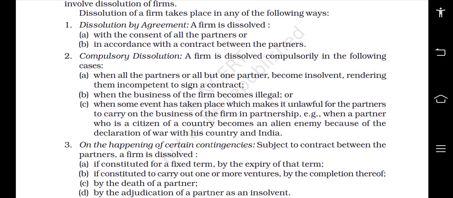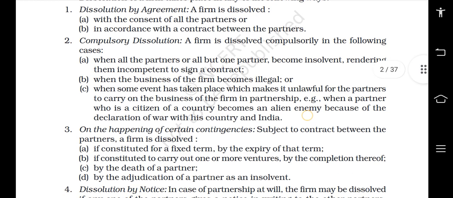Suppose A, B, C are three partners; if one partner or all but one partner becomes insolvent, unable to pay his debt, at that time also compulsory dissolution should be there.